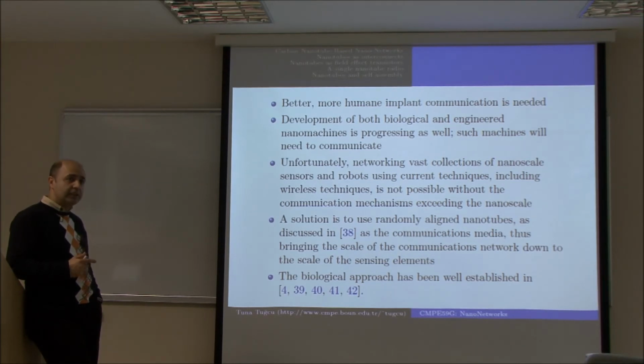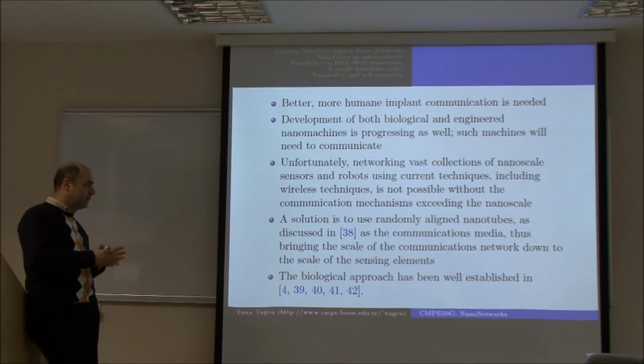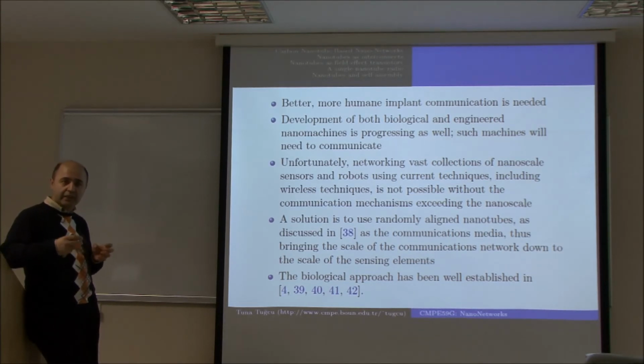You can have nanoscale communications inside, but somehow you have to go to the upper layer, to the human scale. So a solution is to use randomly aligned nanotubes, as discussed before, for the communication medium. So you will be able to bring the communication that's going on in the human scale down to the scale where you do the sensing, which is the nanoscale.